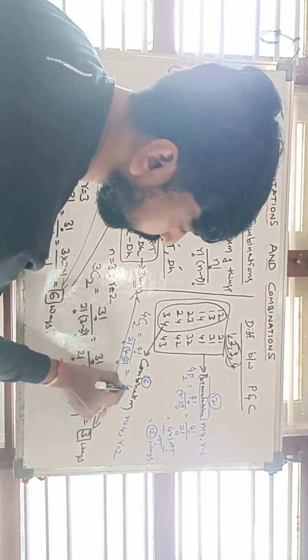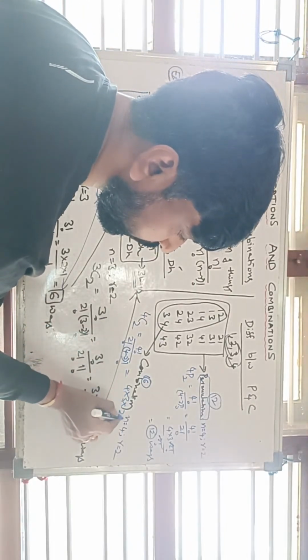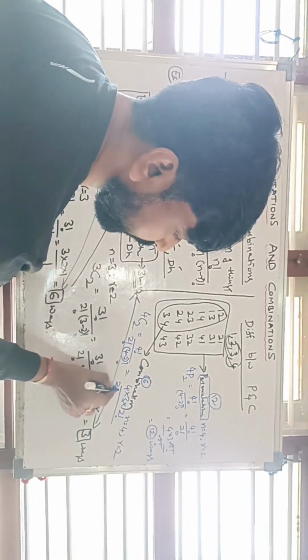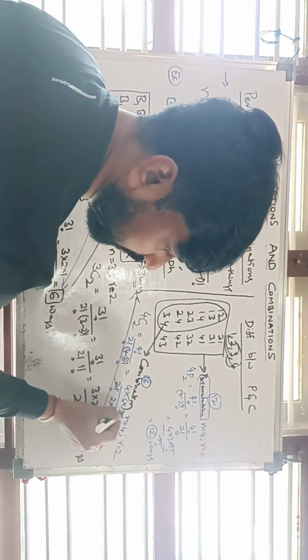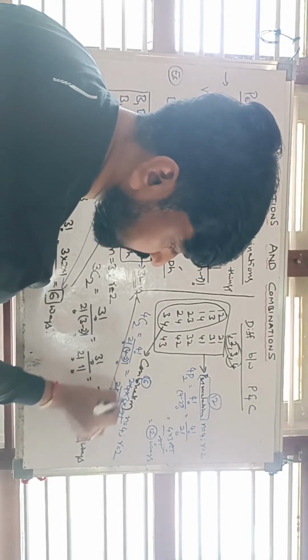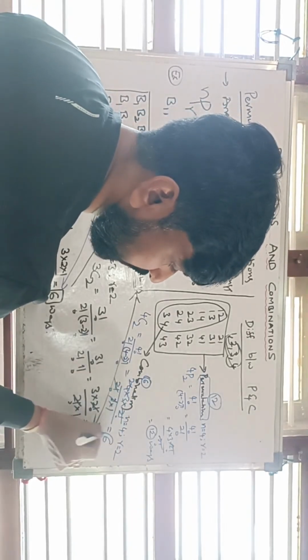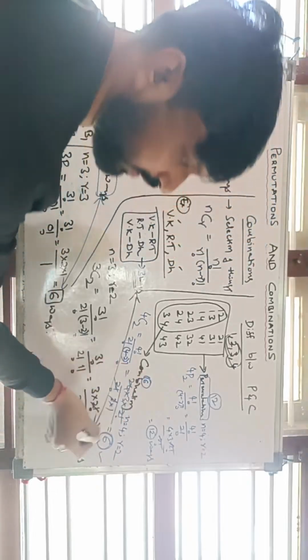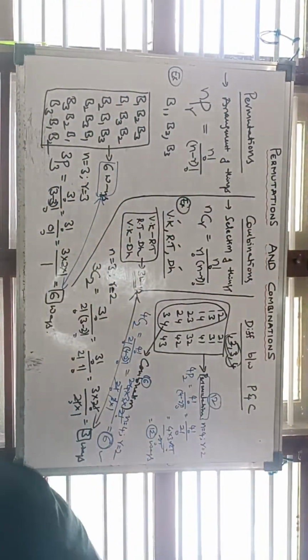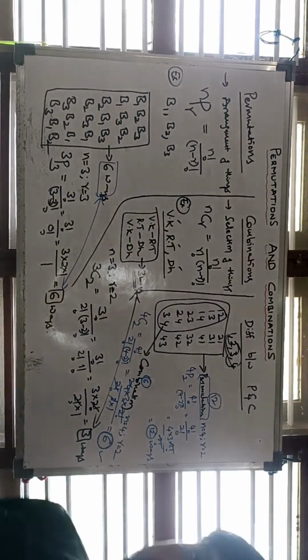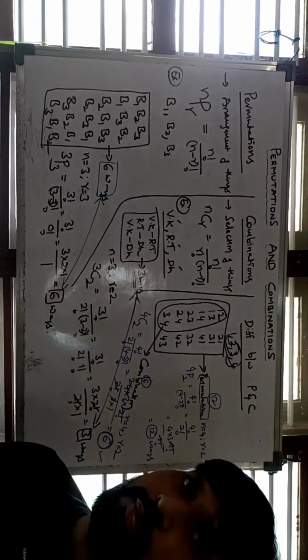This is nothing but 4 into 3 into 2 factorial by 2 factorial into 2 into 1. The 2 factorials are cancelled. 3 2s are 6. How many ways are you getting? 6 only. So this is the definition.